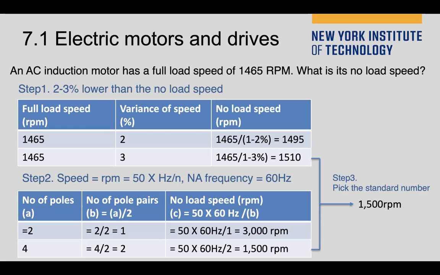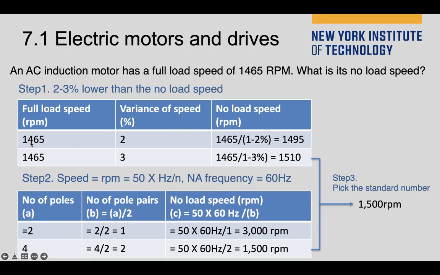If you still remember, the full load speed is 2 to 3% lower than the no load speed. So we make use of this relationship to calculate the range of possible no load speed of the motor.